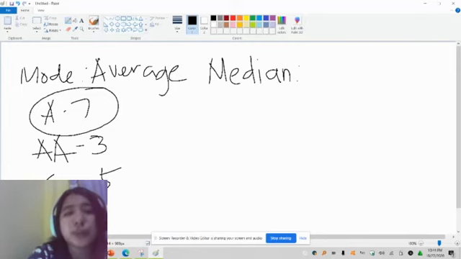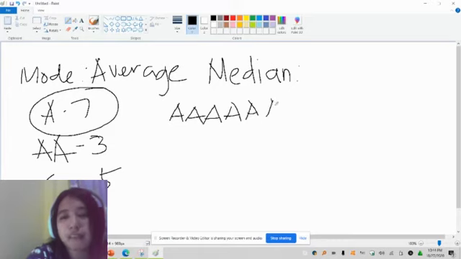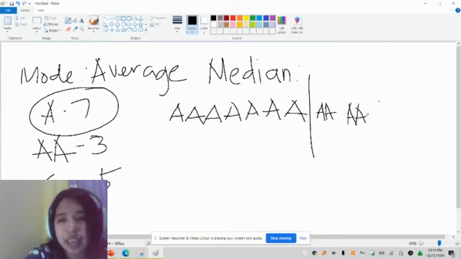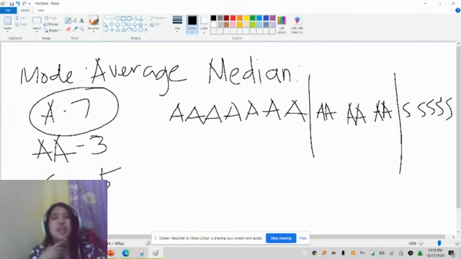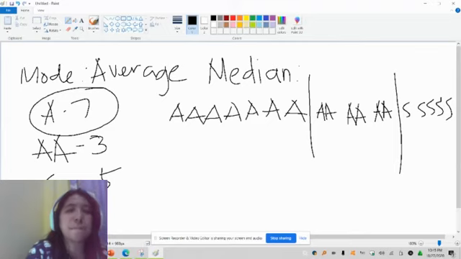So if we're going to do that, we have 7 A: 1, 2, 3, 4, 5, 6, 7. Let us place a divider here to emphasize that the next data is already AA, and then 5 S: 1, 2, 3, 4, 5. Okay, so what is the middle term of 15?